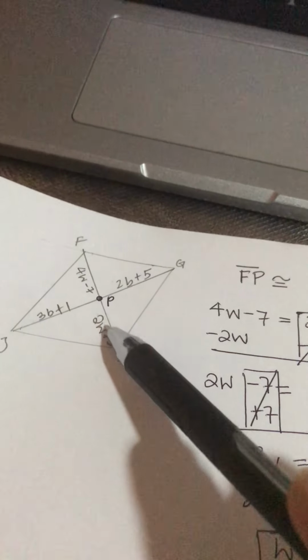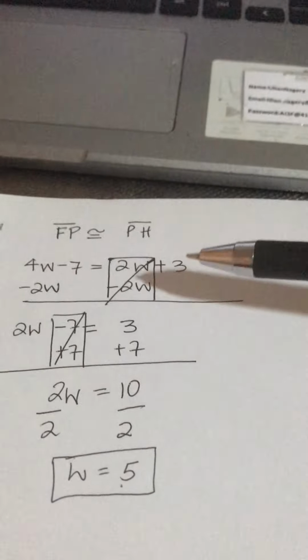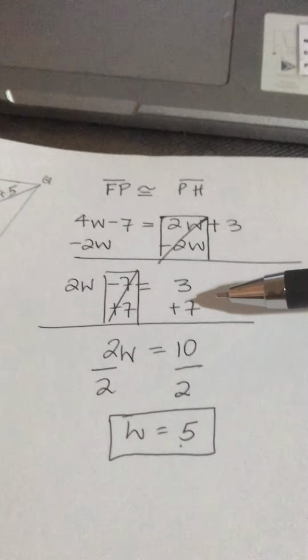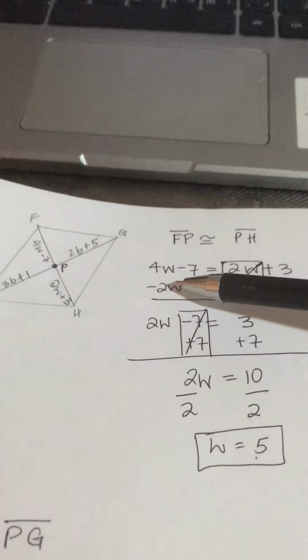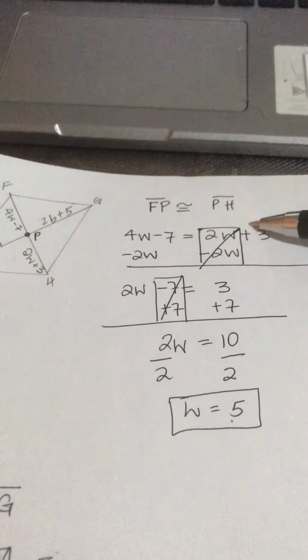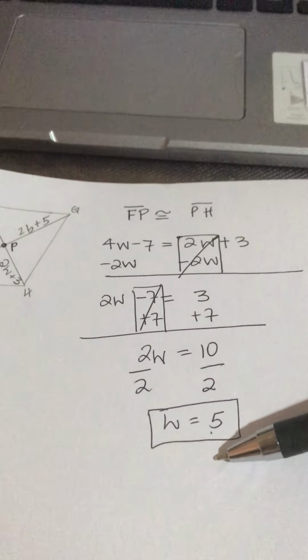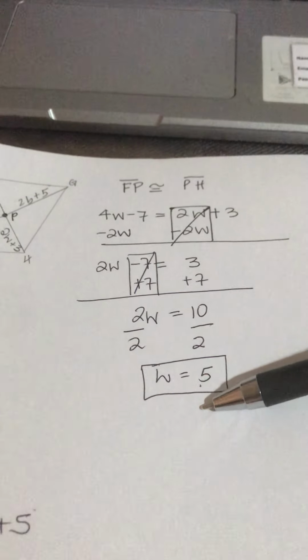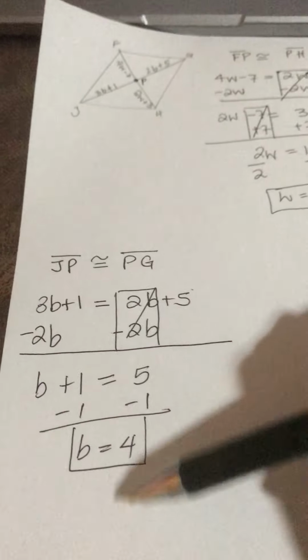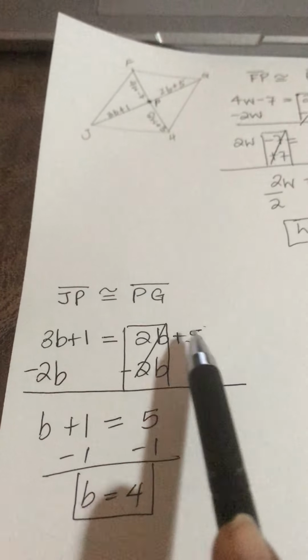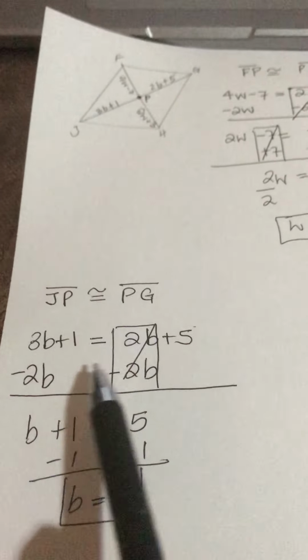These w's will go with the w's. Okay? That's exactly what I wrote over here, using my picture. I wrote 4w minus 7, and then I solved, and I got my w. The same thing here. I didn't do anything different. I put my b's together as equals, and then I solved.